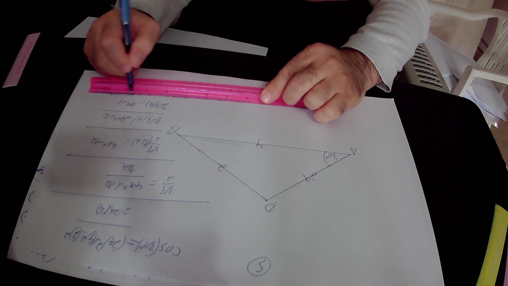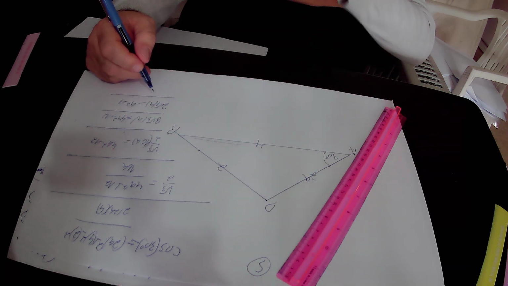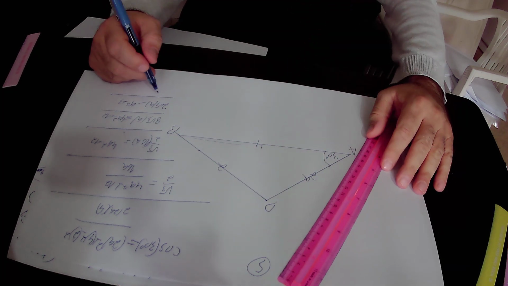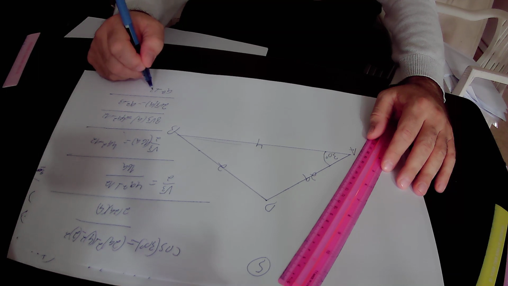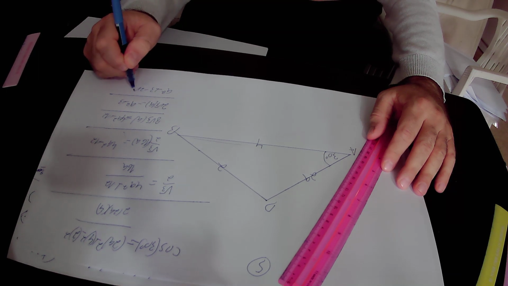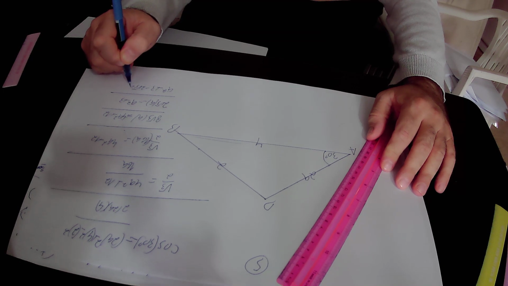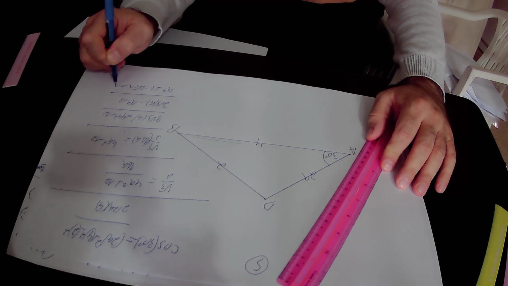Here we subtract 2 times square root of 3 times A from the equation, and we get A squared plus 3 minus 2 times square root of 3 times A equals 0.